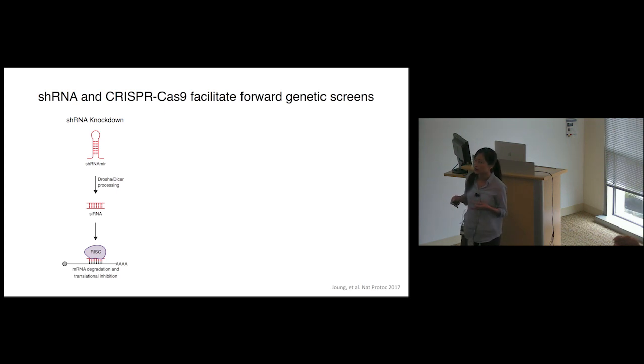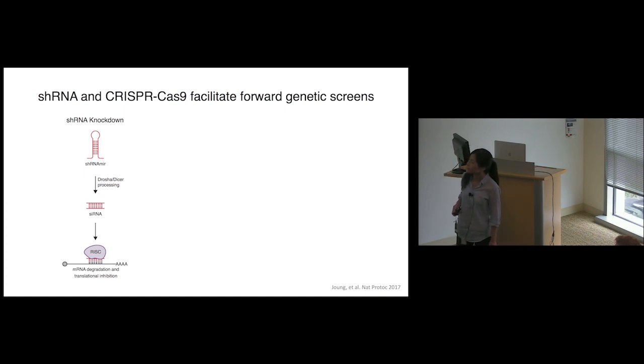And since it targets base pair complementary mRNA, you can go back and map which shRNA and which gene led to your phenotype of interest. However, although shRNAs have contributed to the understanding of many biological processes, they have been hampered by lack of specificity and lack of efficiency in terms of mRNA knockdown.